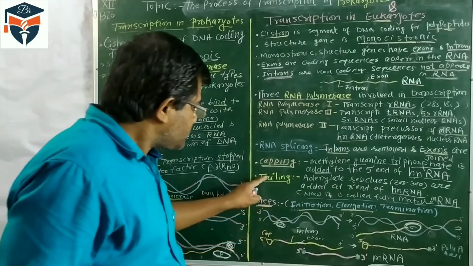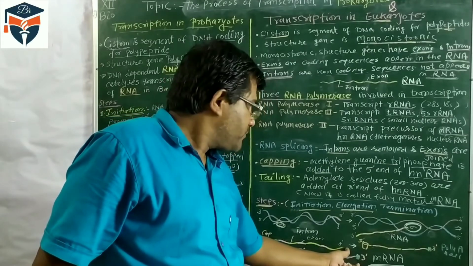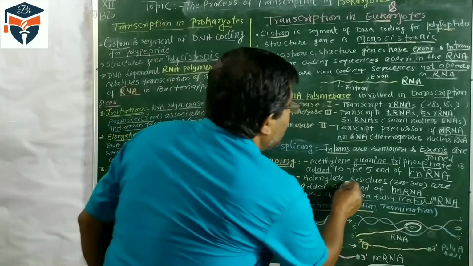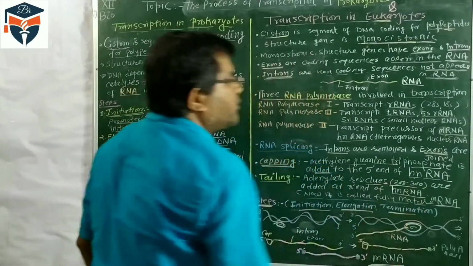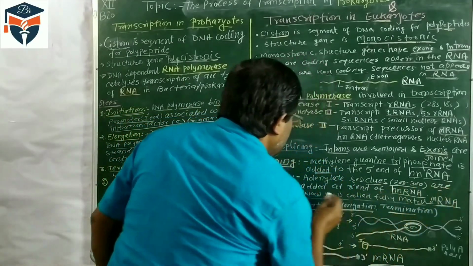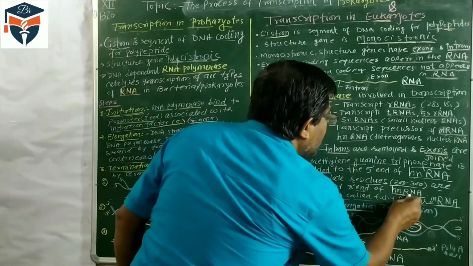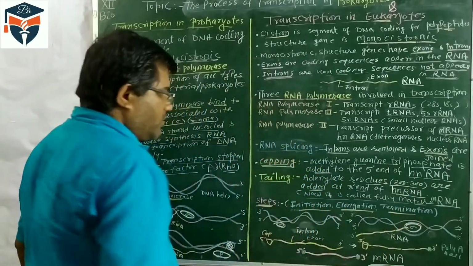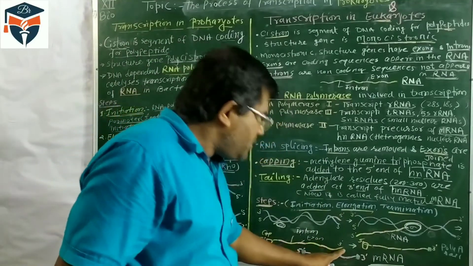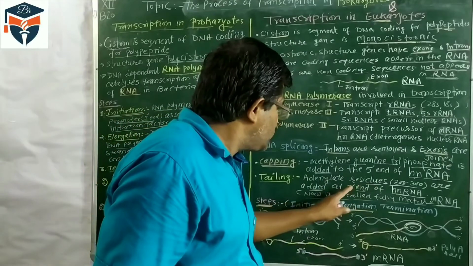Second, tailing. On the 3' end of the RNA, what happens? Adenylate residues, about 200 to 300, are added at the 3' end of this heterogeneous nuclear RNA.